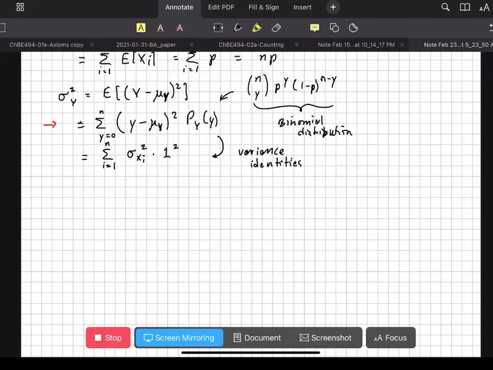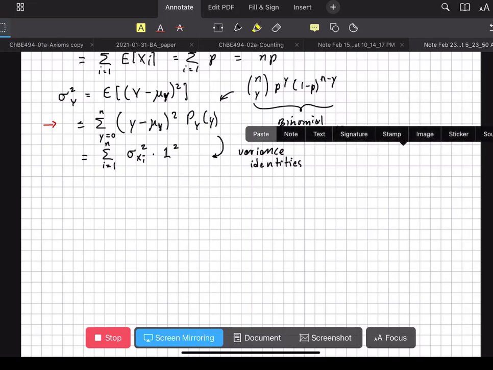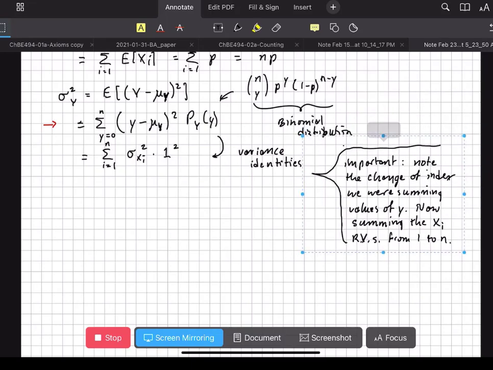Notice something very important here, and that is that we have changed indexes. This is critical to understanding the mechanics of the step that I just did. We started out with a summation over different values of Y, which went from 0 to n. We can have no successes or we can have all successes. Instead now we're summing over the indexes that indicate which of the independent Bernoulli trials we're talking about.